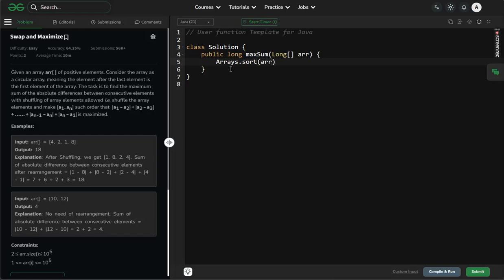Sort the array and initialize the sum value equal to 0.